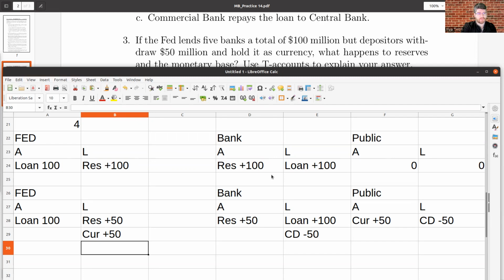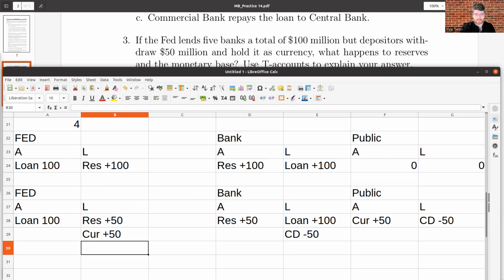So reserves change from 100 to 50. And these are the same reserves as an asset for the bank, they are a liability for the Fed. So they change. And to equalize the Fed's balance, this currency should be placed as a liability of the central bank.